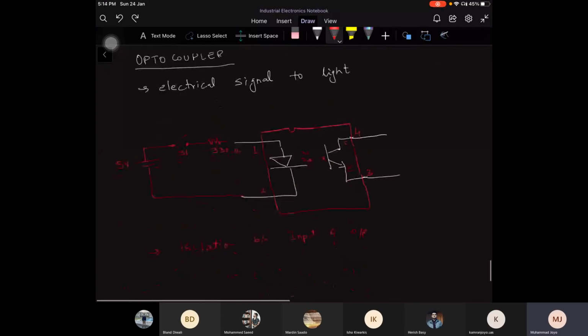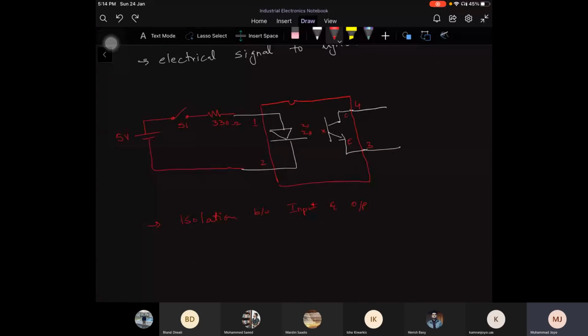Similarly, in optocouplers also, there is no electrical connection between the input and output. In order to translate from lower input to higher output, wherever there is a necessity of that, then you can use the optocoupler.